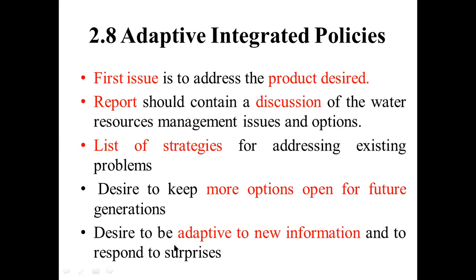An adaptive integrated policy is nothing but one that is adaptive to new information and responds to sudden surprises. If there is a drought, the available water should be planned. If there are floods, the same thing; it should be adaptive to all the new situations occurring.